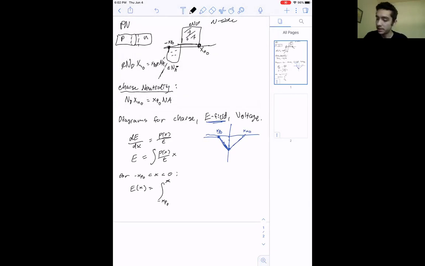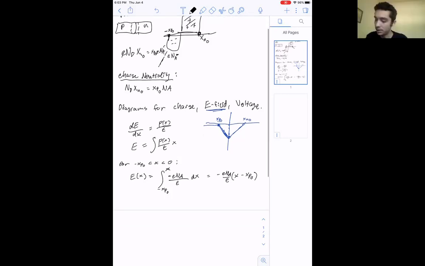Okay, so back to actually working with the expression. So here you're just putting in your charge, which is minus q N_A over epsilon. So quite simply, you get that.